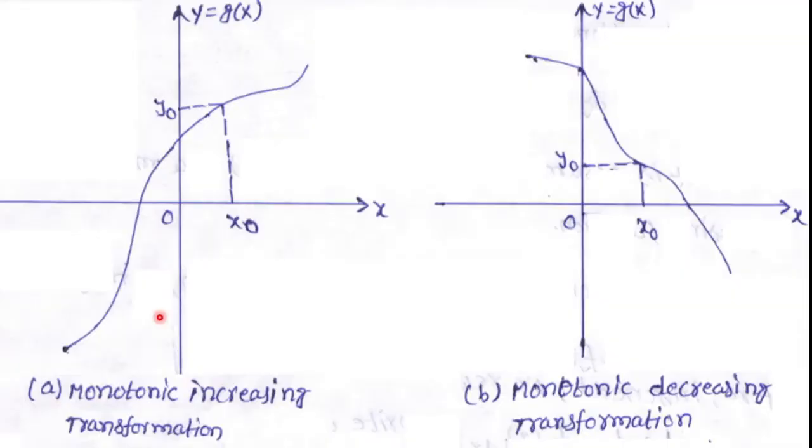This is shown in this figure: this is the graphical representation of a monotonic increasing transformation, with g of x1 less than g of x2 for any x1 less than x2, and this is the graphical representation of a monotonic decreasing transformation, g of x1 greater than g of x2 for any x1 less than x2. First, we are going to discuss monotonic transformation.